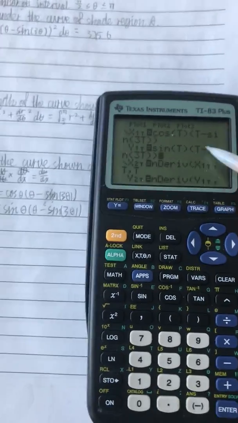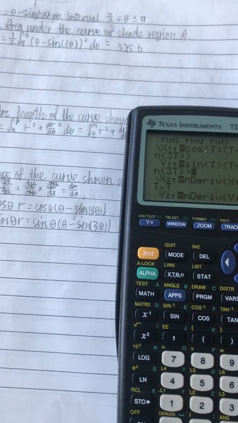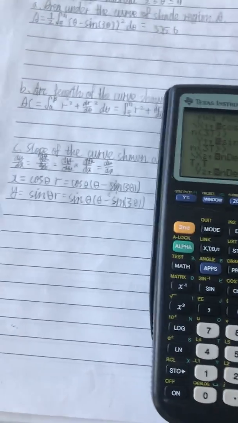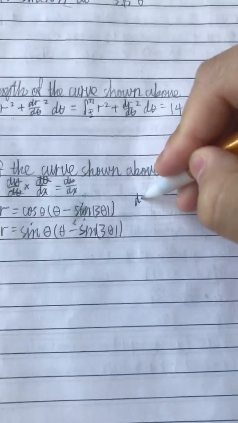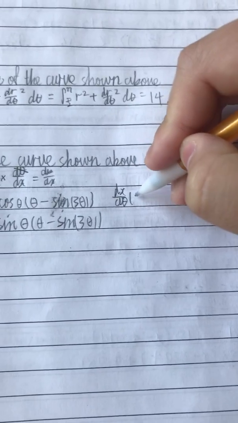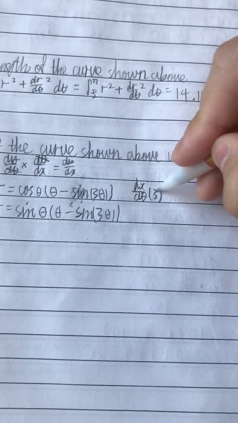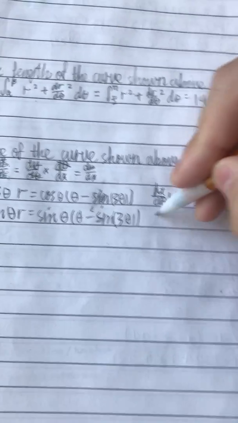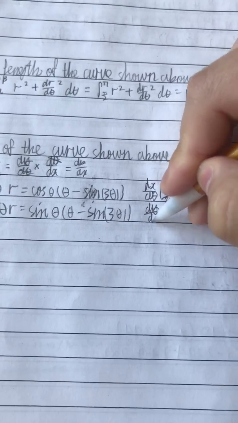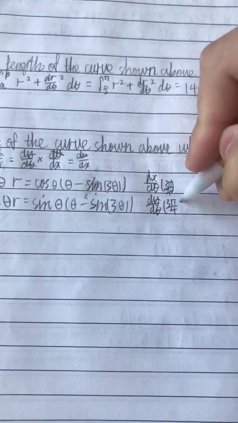Okay, so this is what we have so far, and here's what we want to know. We want to know dx d theta when theta is equal to 3 pi over 4, and we want to know dy d theta when theta is equal to 3 pi over 4.